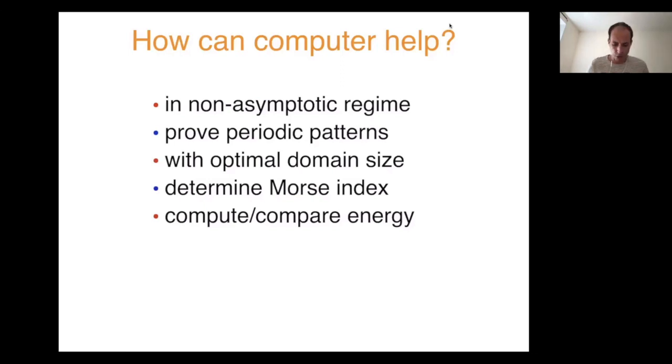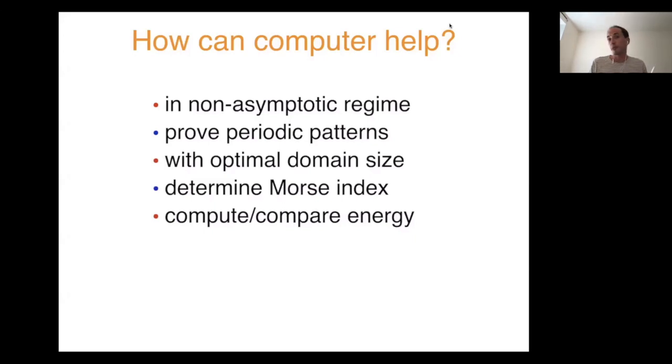But suppose the numerics really suggest that we only need to look at periodic patterns. So let's go and do that. At least let's try to do what we can do. So prove that these periodic patterns really exist. Try to optimize the length scale, because the distance between the spots that you saw in the pictures, or the distance between stripes, you don't know in advance, and you want to find the length scale that gives you the lowest free energy density.